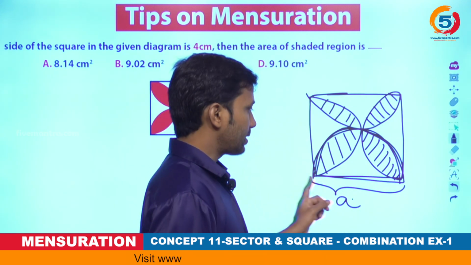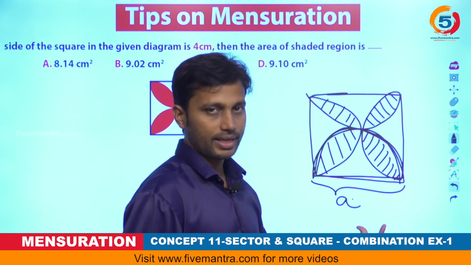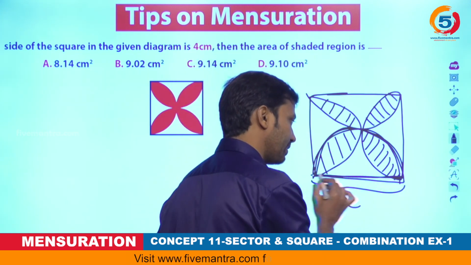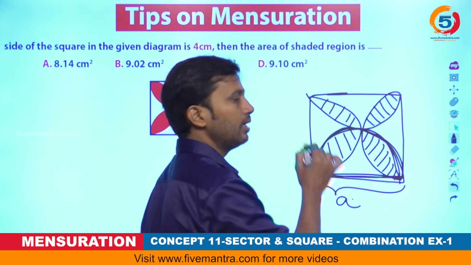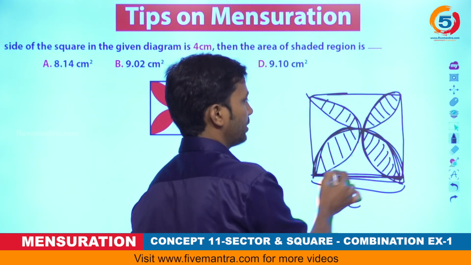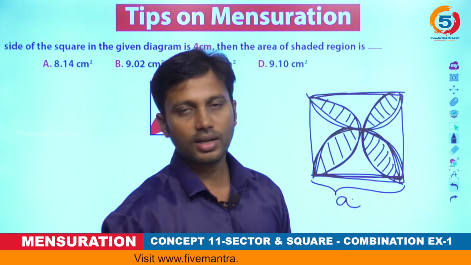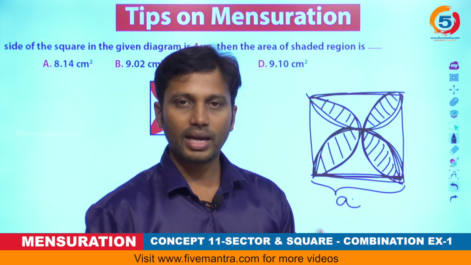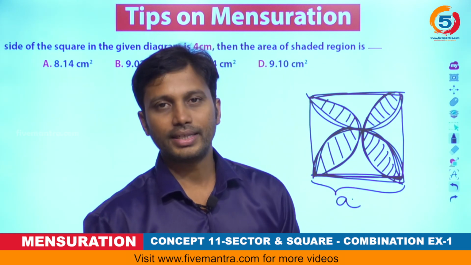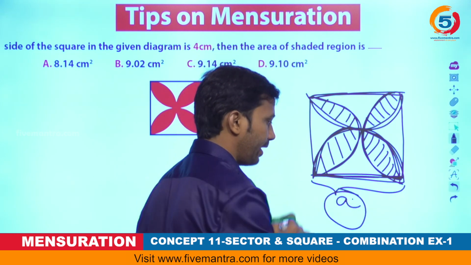That means the side and the diameter of every semicircle also is A, because this is a side and this is a diameter of a semicircle. For every semicircle, the diameter and the side of the square are both the same, and that would be A.